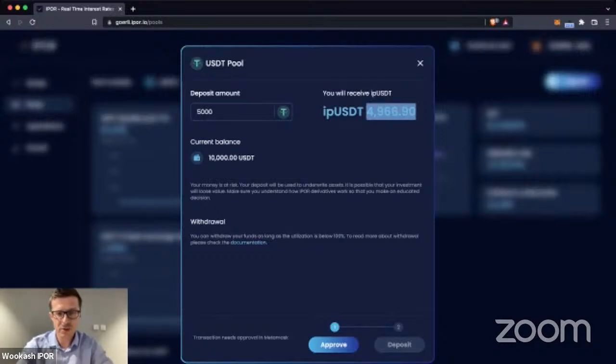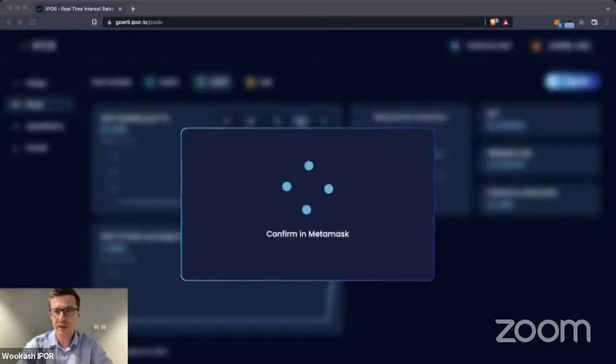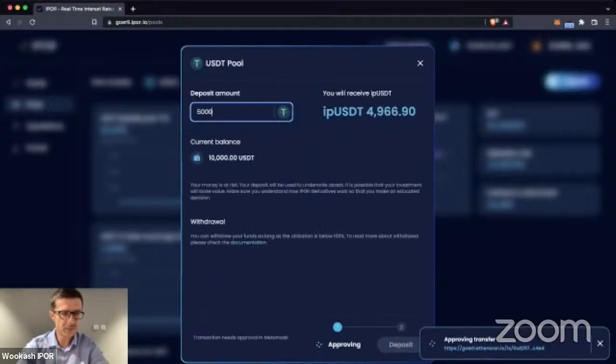Okay, so first we need to approve the ERC20 transfer. We do it by clicking approve and confirming that in MetaMask. The minute the transaction is approved, we'll click on deposit.